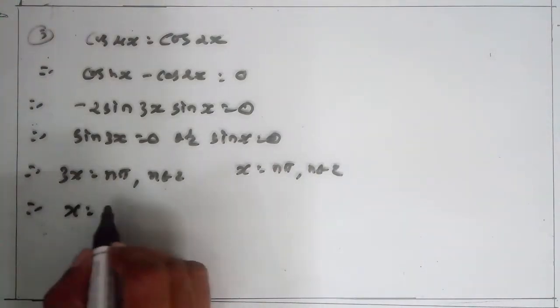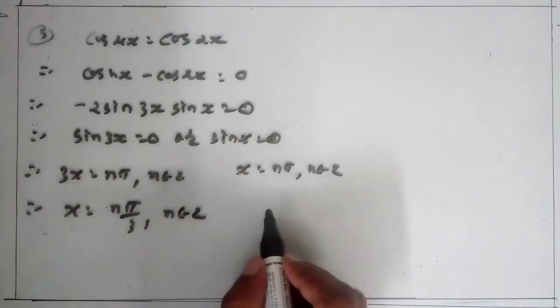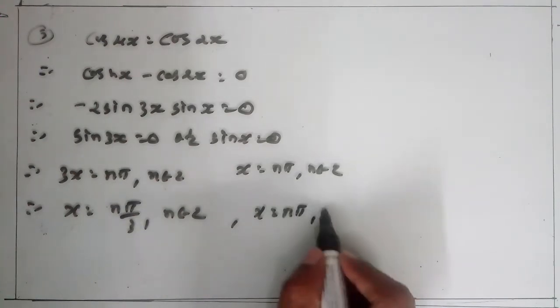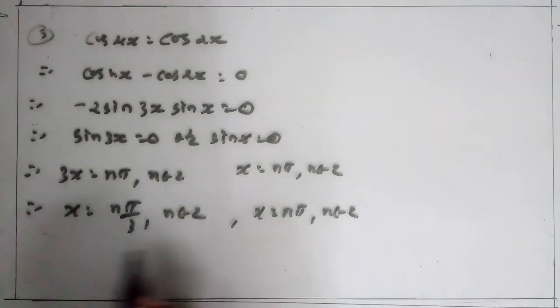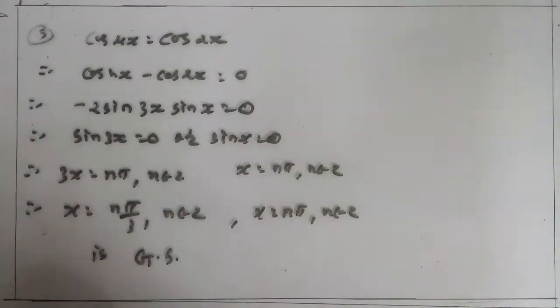Therefore, x is equal to n pi upon 3, n belongs to Z, and x is equal to n pi, n belongs to Z. This is a general solution. Clear? So remember this general solution, n pi upon 3 or n pi, n belongs to Z. Clear?